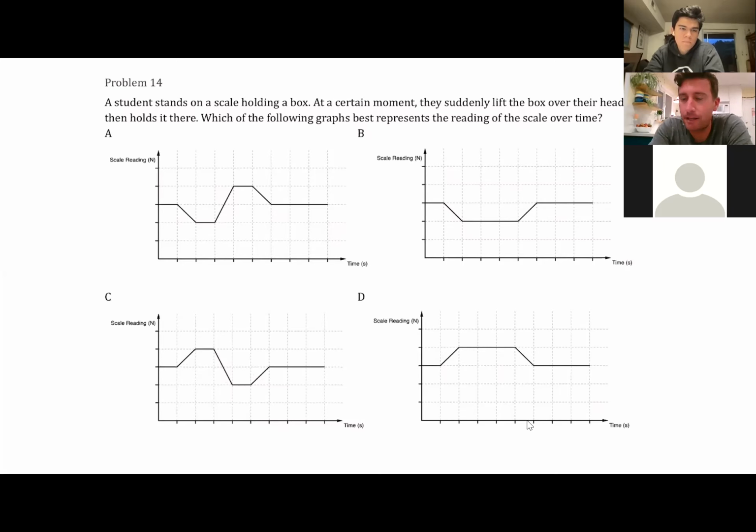Think it through. So holding a box, pushing the box up, and then holding it there.